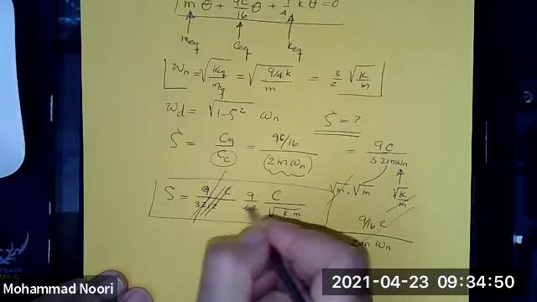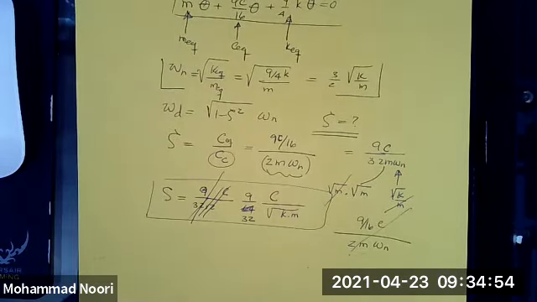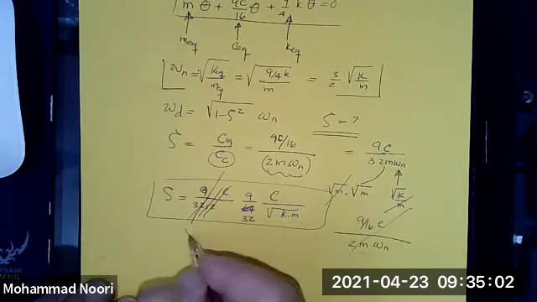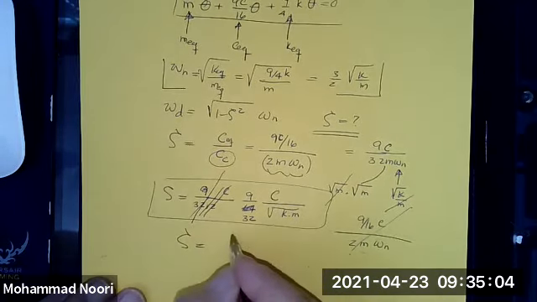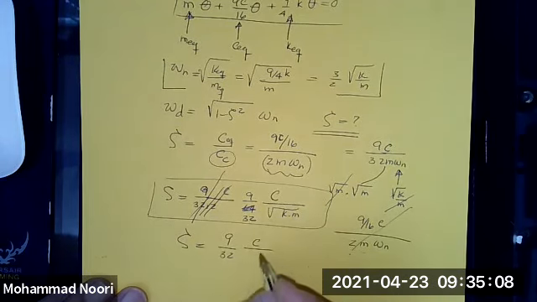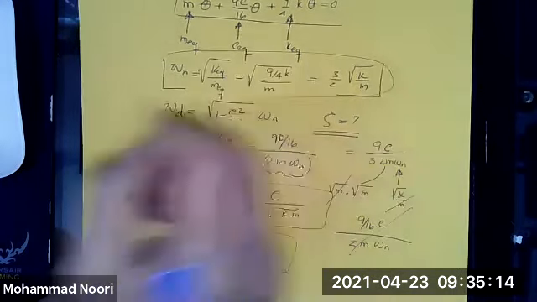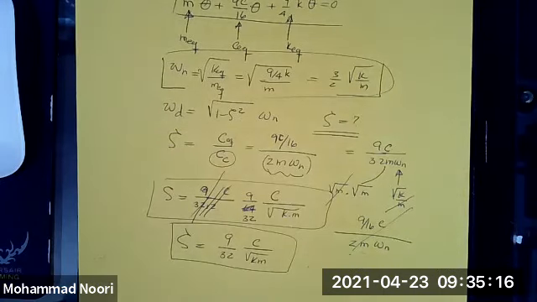Yeah, that's right, 9 over 32. Yes, that's correct. All right. So that's the damping ratio. Damping ratio is 9 over 32 of c over square root of k m. So this is another quantity that the problem wanted us to find.